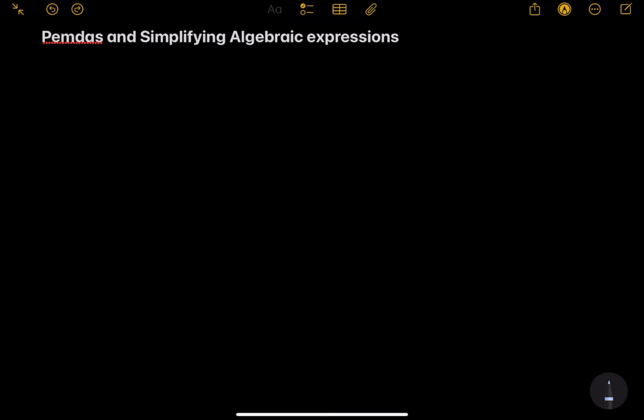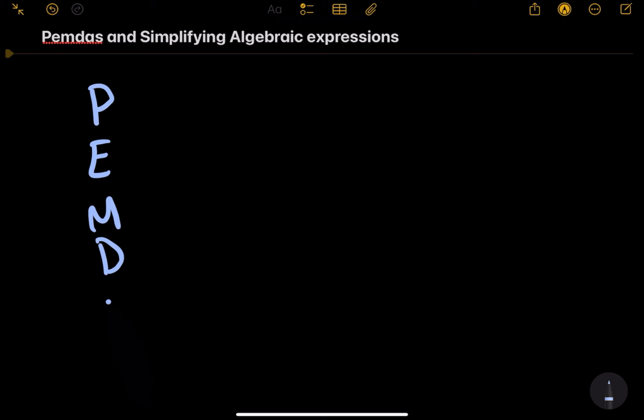So, what is PEMDAS? PEMDAS is a memory tool that helps you remember the order of operations in math. Each letter stands for something different.